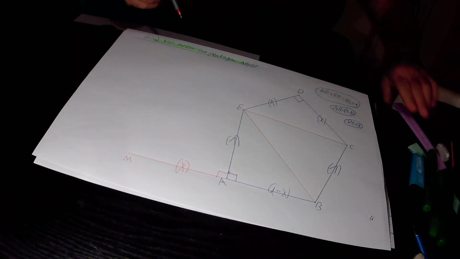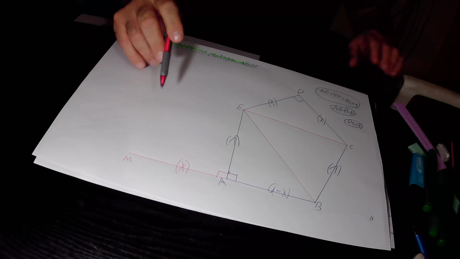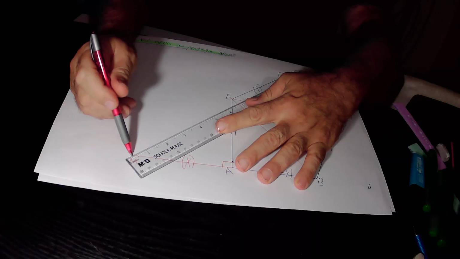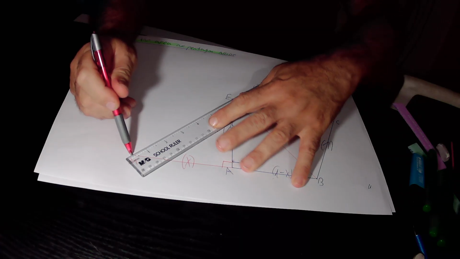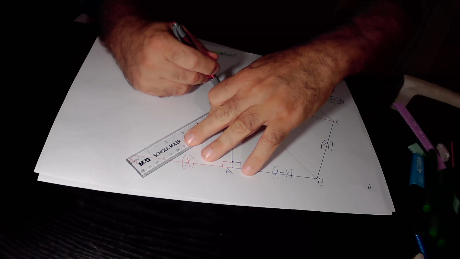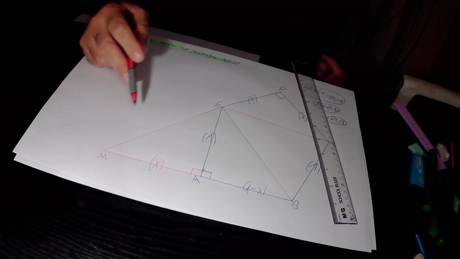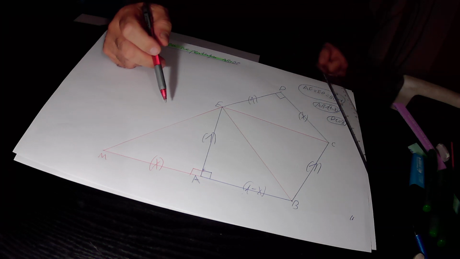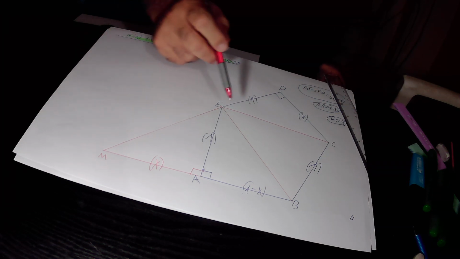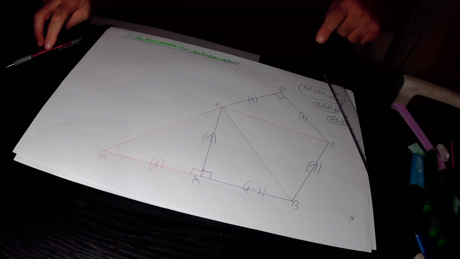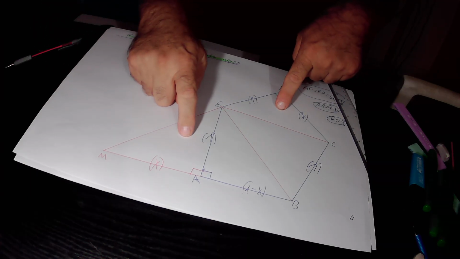In the next step, we join points E and M together by a straight line. By joining points E and M, we can get the right triangle EAM. In the next step, we will prove that those two right triangles are congruent according to the side angle side rule.